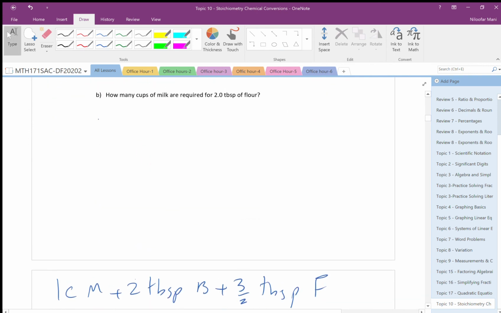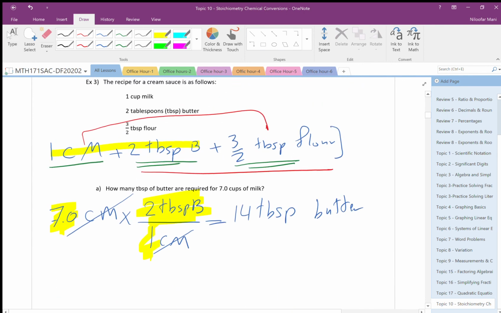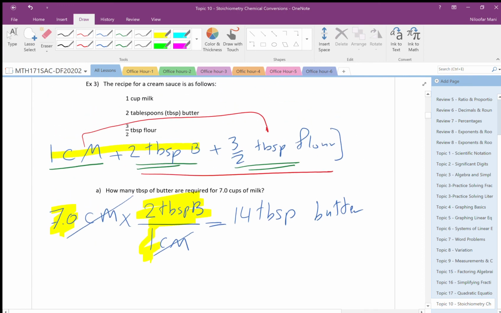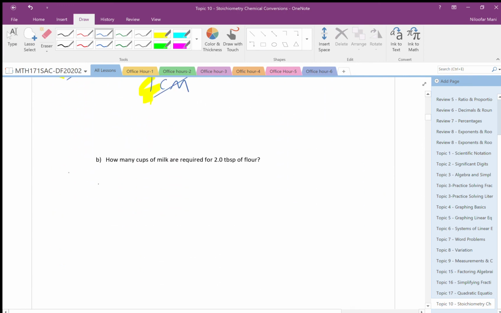How many cups of milk are required for 2 tablespoons of flour? Here I'm going from F. From 2.0 tablespoons of F, I am going to how many cups of milk.